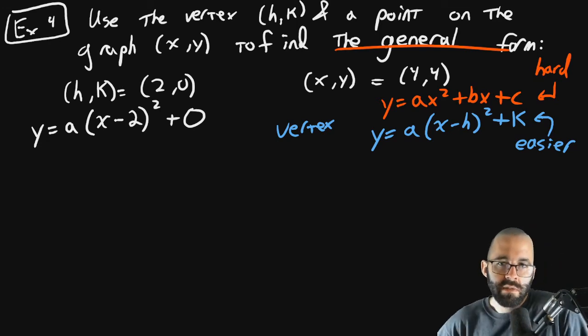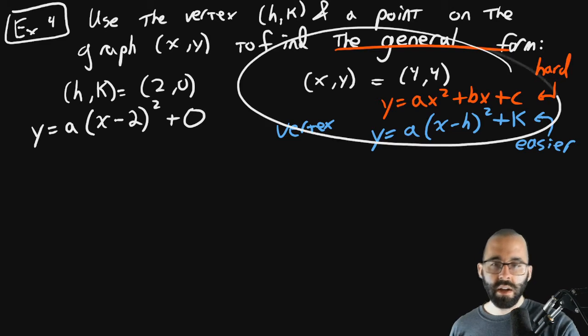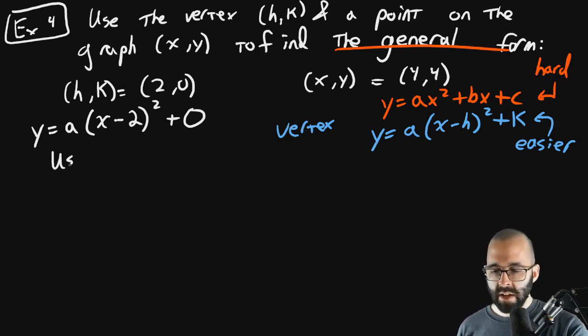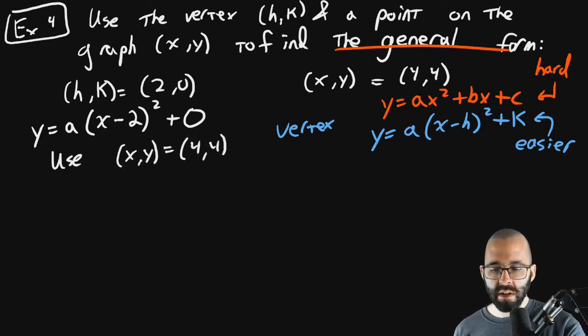So if we know a, we're pretty much good to go. That's where this point comes in. So use the fact that x comma y is a point on the graph to find a.